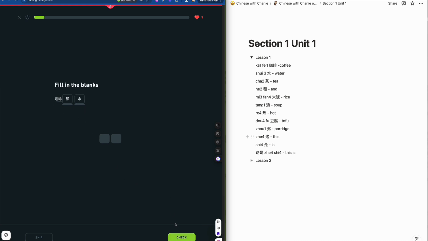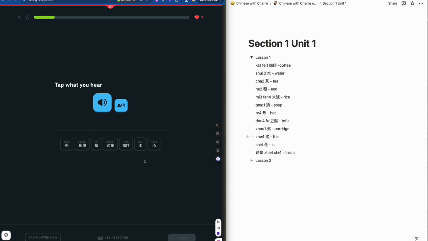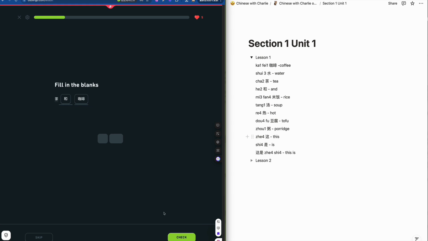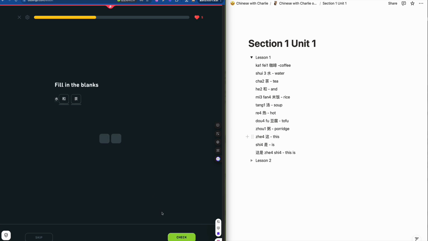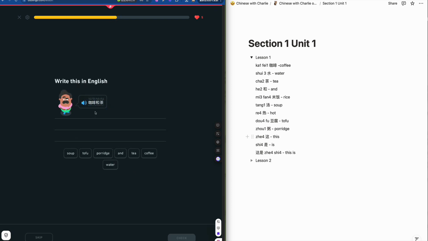So coffee and water. 水和咖啡, water and coffee. 茶和咖啡, tea and coffee. 水和茶, water and tea. 咖啡和茶, coffee and tea.